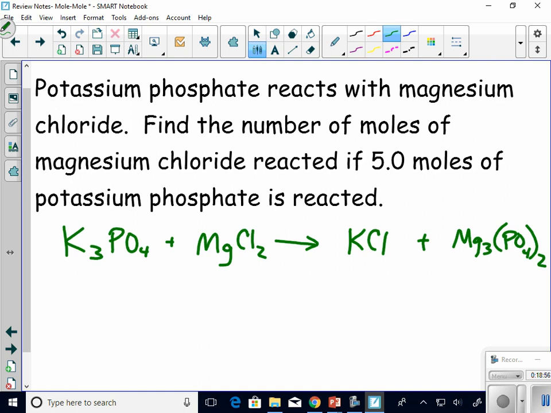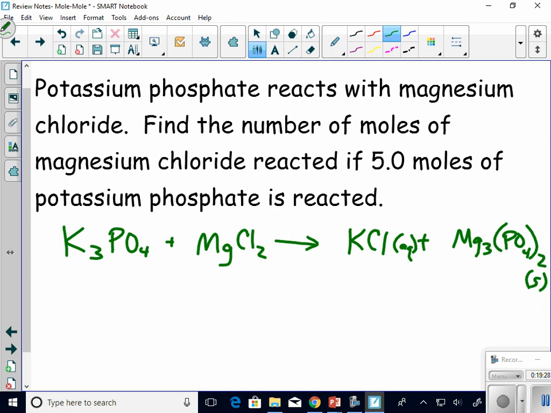So I am going to check my potassium chloride, soluble, my magnesium phosphate is insoluble. So this one is a solid. This one is aqueous. Will this reaction occur? Absolutely.